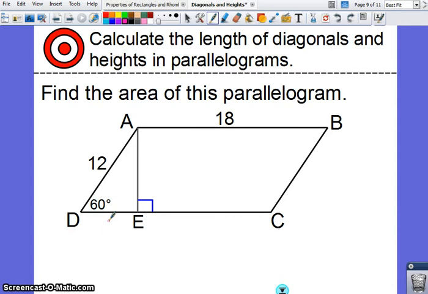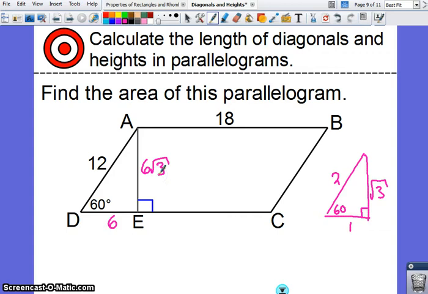So if you remember our special right triangles, we had a 30, 60, 90 triangle. The short leg was 1, long leg was square root of 3, the hypotenuse was 2. Okay. So in this case, my hypotenuse is 12. So to get from my hypotenuse to my short leg, I had to divide by 2. So this is 6. To get from my short leg to my long leg, I had to multiply by the square root of 3.